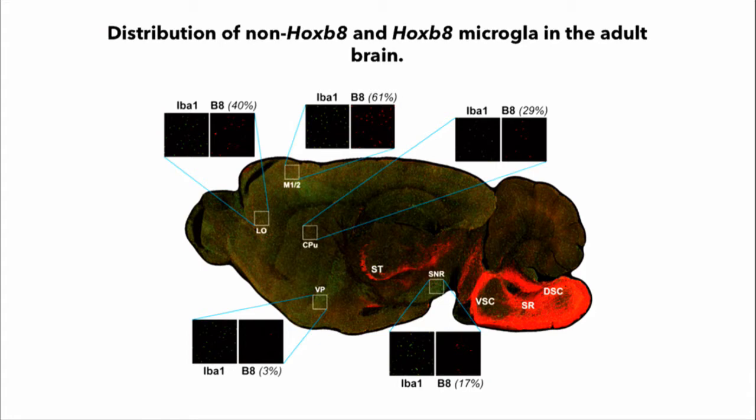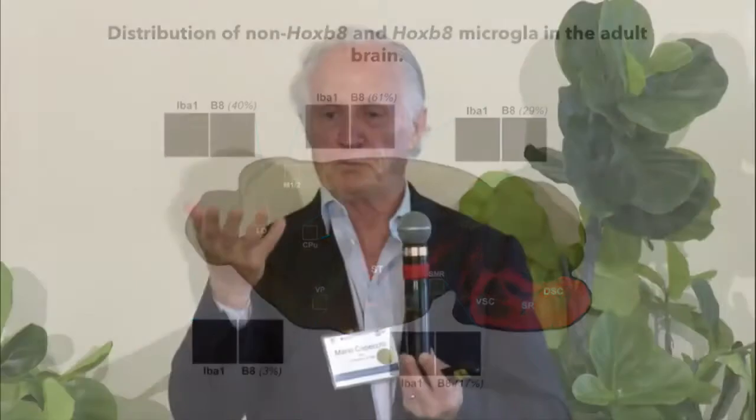And what we see is that the ratio of those cells varies by location in the brain, and where do they reside? They reside in the neural circuit that is responsible for this behavior. So they're in the right place to be able to control this circuit. And now we're trying to figure out how microglia actually talk to neurons and modulate their behavior. Thank you.